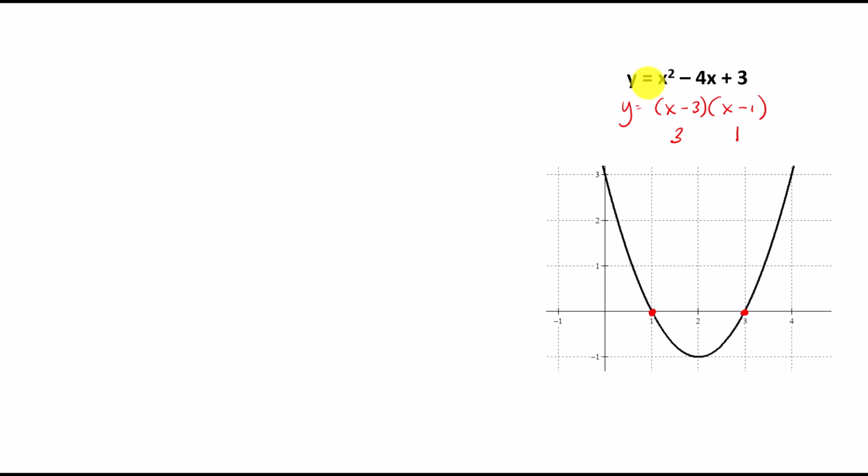So what we want to do is consider what we could be asked with an inequality sign. So we could ask about x squared minus 4x plus 3: when is this graph less than 0? And we need to think about what less than 0 means. Less than 0 means the y values are negative.